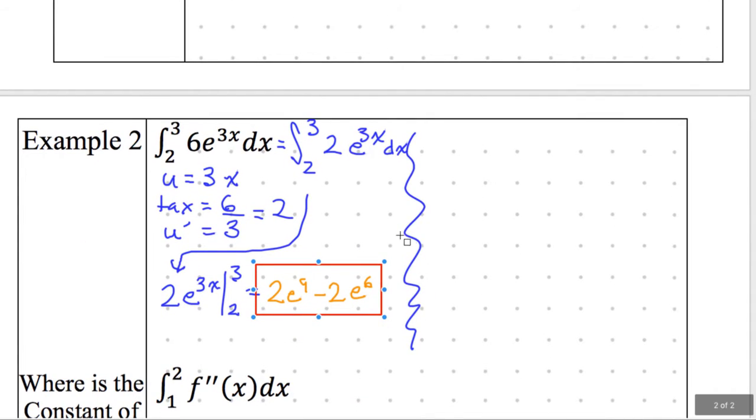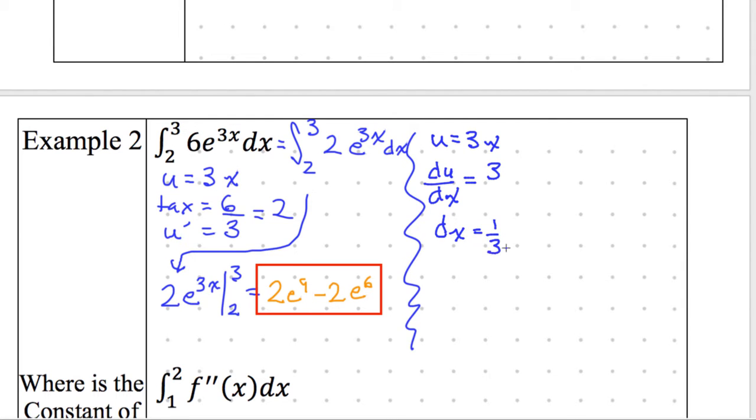Alright, so let's look at what happens with U substitution. There's a tricky little thing that happens that you might not think is important, and I didn't either when I first saw it, but there's going to be at least one question on the AP exam where they ask this question, maybe even 2. Alright, so let's do U substitution. We know we need U, which is going to be 3x, and we know that we need du dx. du dx obviously is 3, and therefore we're going to solve for dx, which is 1/3 du.